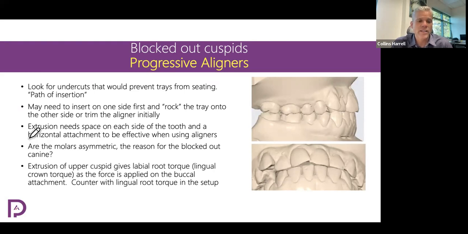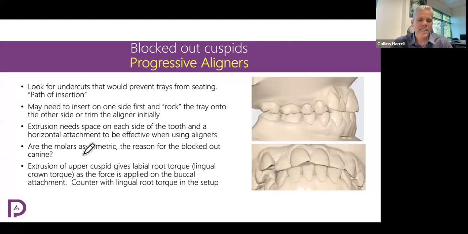And they're going to want, at some point when the extrusion is done, a horizontal attachment to give a surface area to help push on this tooth for extrusion. There is relative extrusion that happens as this tooth is being pushed lingually, but sometimes there's actual bodily extrusion that needs to happen as well. And so that requires a horizontal attachment.